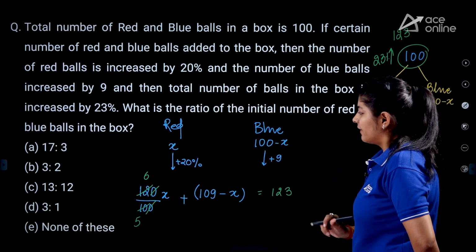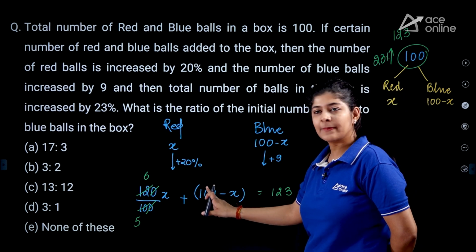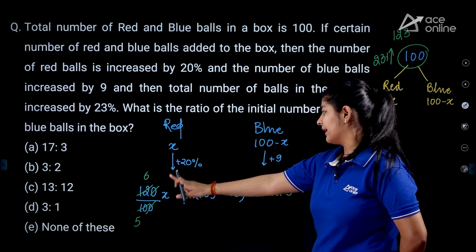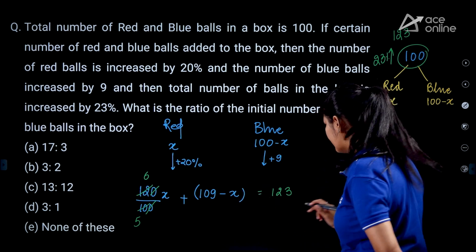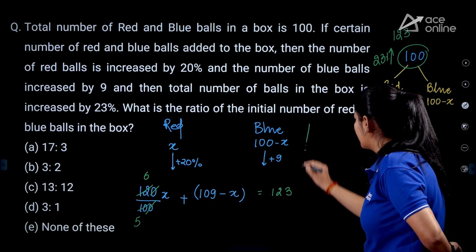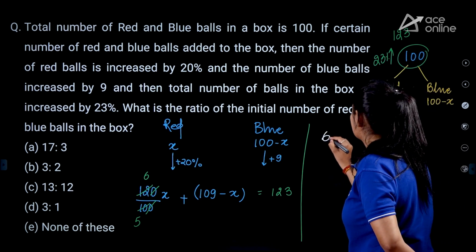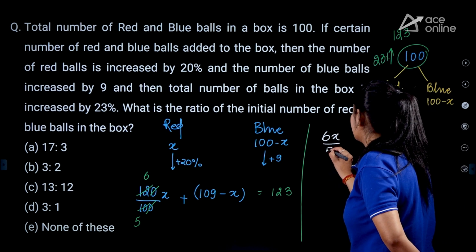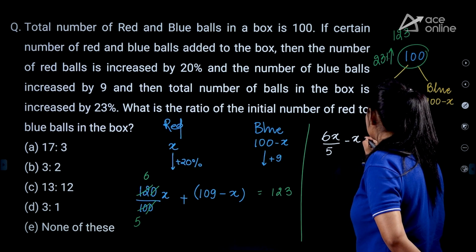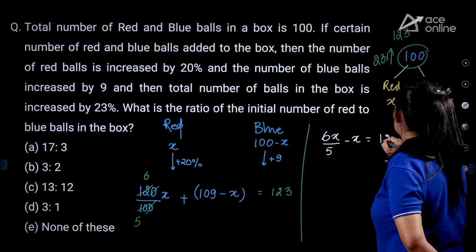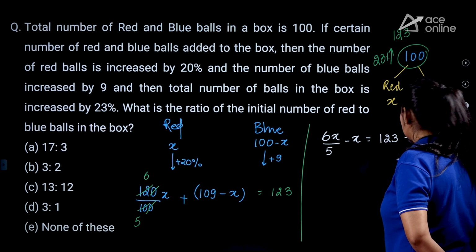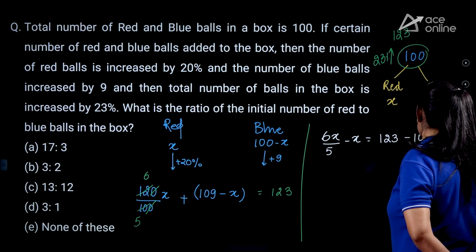So I can do one thing, I just shifted this particular number to this side so that we are having x to one side. I can write it like this: 6x by 5 minus x is equal to 123 minus 109.